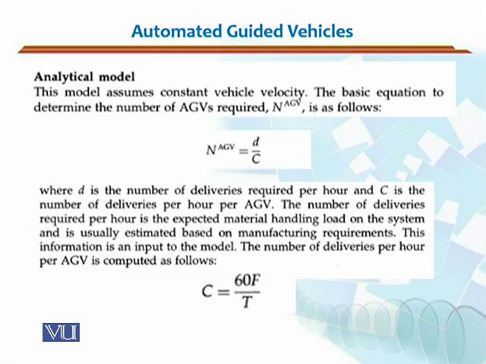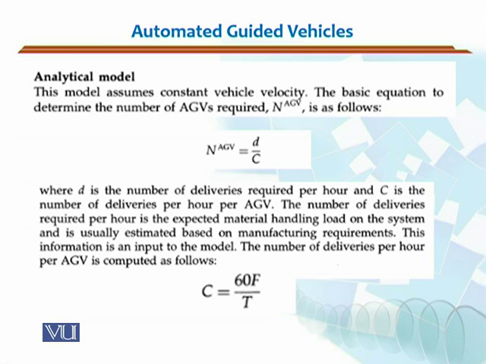The number of deliveries required per hour is the expected material handling load on the system, and is usually estimated based on manufacturing requirements. This information is an input to the AGV model.